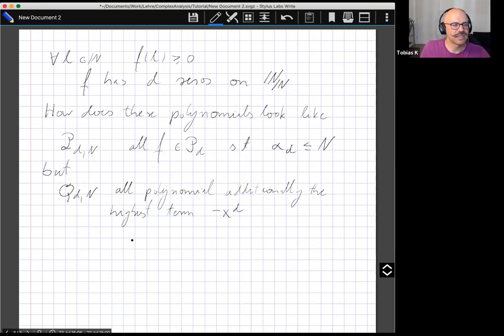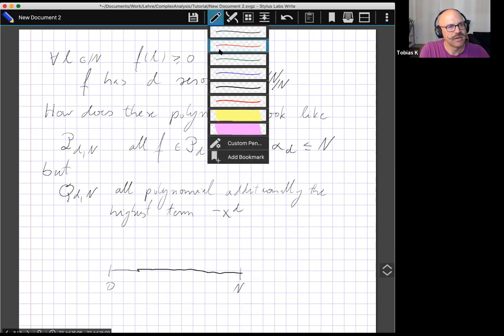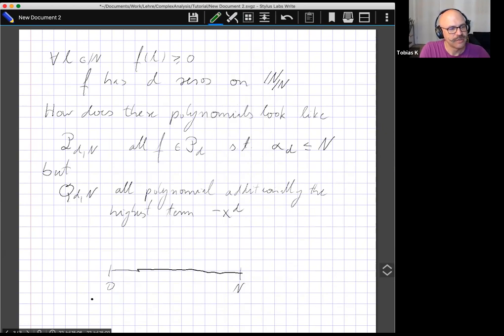How can I have something like that? Before, this was not possible because we extend to infinity. So if I have my line, with n here and 0 here, then I can now have the following kind of polynomial, which, for example, is 0 at 0.